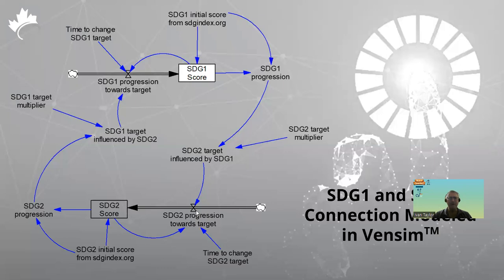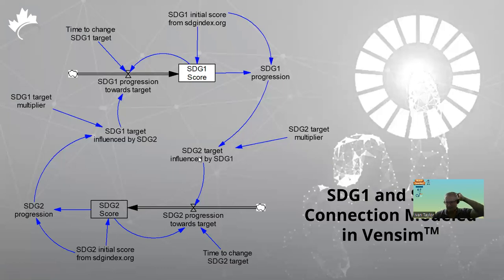And then we have this idea of changing over time. So we have this target we're trying to reach. We have a current value of the SDG, and we have a progression towards the target that changes with time. Each SDG has a different amount of time required to change it and move it towards the target.